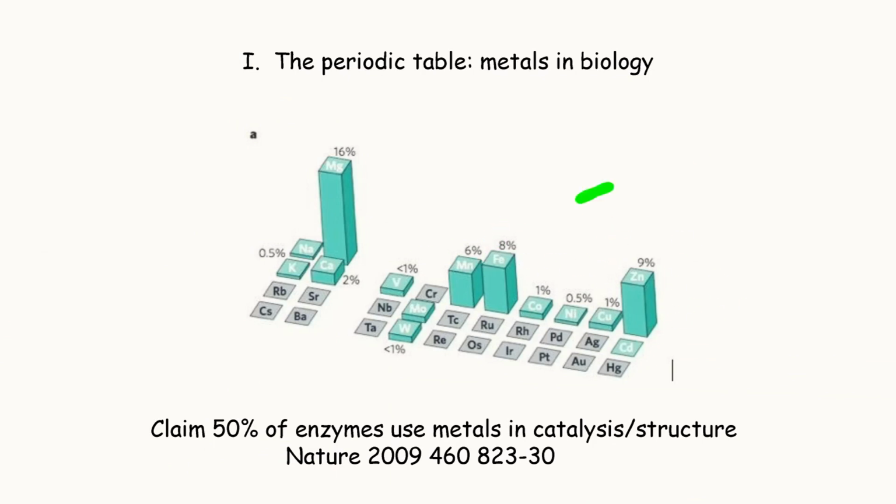Okay, so here we are with the periodic table, and we're going to be focusing on the transition metals, which are most of the places where you see the chemistry that you're familiar with. And this just tells you the relative abundance of the metals in our bodies.